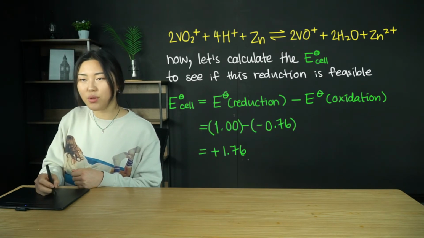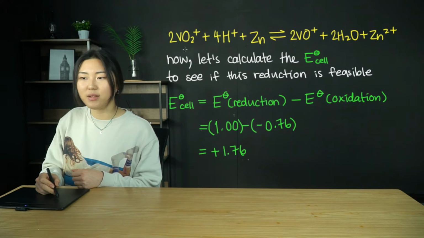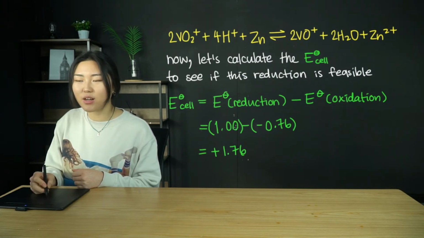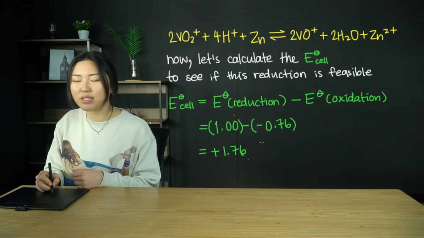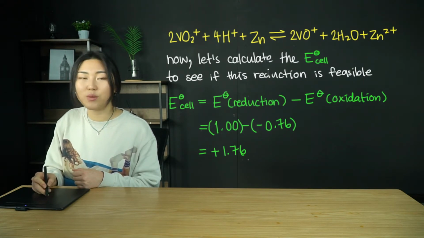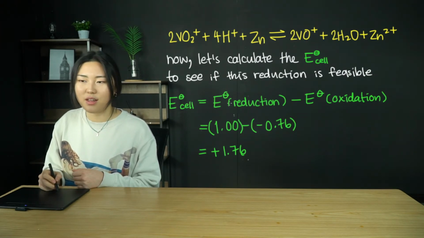And we knew that the reduction potential of the vanadium oxide ion is +1.00, and for zinc's reduction potential we had -0.76, and we know that zinc was being oxidized, right? So that has to go in here because it's minus the oxidation, and then the vanadium has to be the reduction potential.